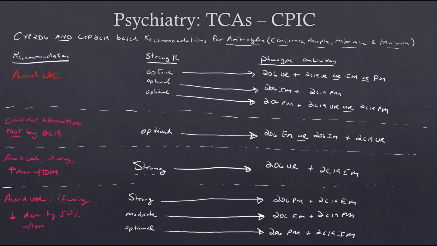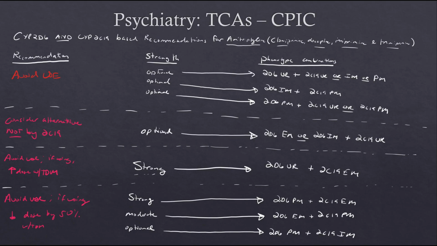So there's strong evidence to recommend this for 2D6 poor metabolizers with 2C19 extensive metabolizers. There's moderate level of evidence to recommend this for 2D6 extensive metabolizers and 2C19 poor metabolizers. And then finally, there's an optional level of evidence to recommend this for 2D6 poor metabolizers with 2C19 intermediate metabolizers. Now let's go ahead and take a look at the rest of these recommendations.